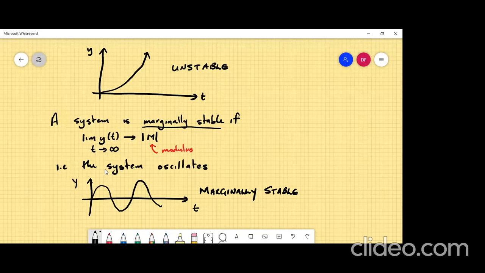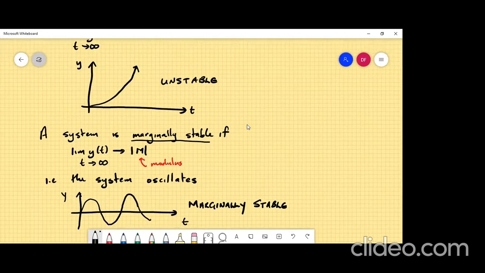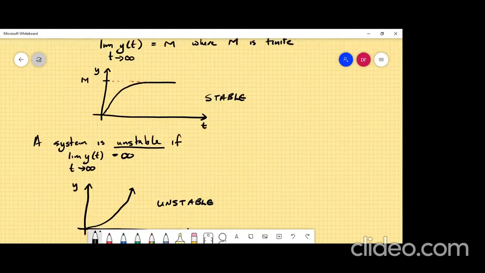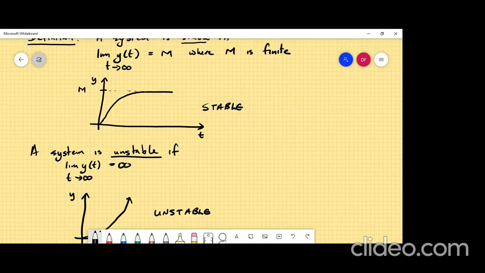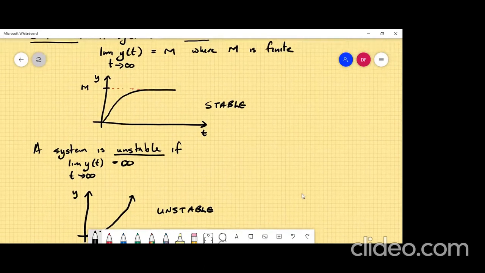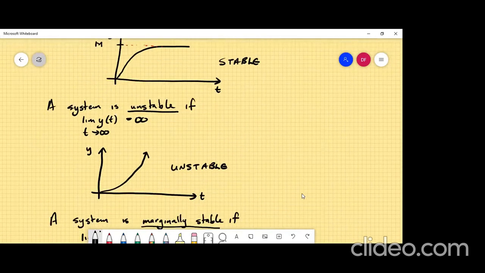We want to be able to mathematically determine if the system we put together is going to be stable, unstable, or marginally stable. If we want to build an oscillator, then that oscillator has to be marginally stable. If we want to build most of the systems that we put together, we require them to be stable.